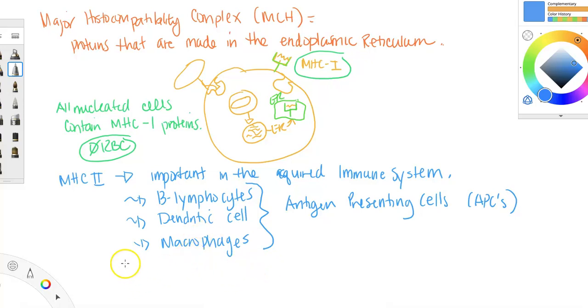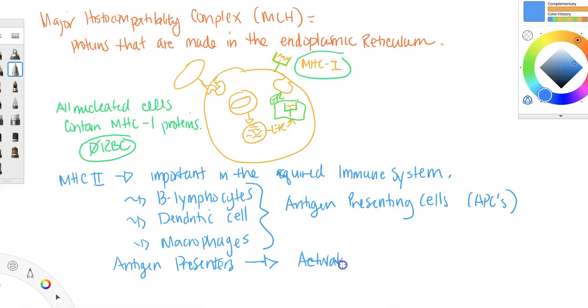Antigen presenters, they present antigens to cells in the adaptive immune system, so T cells, and that activates them.